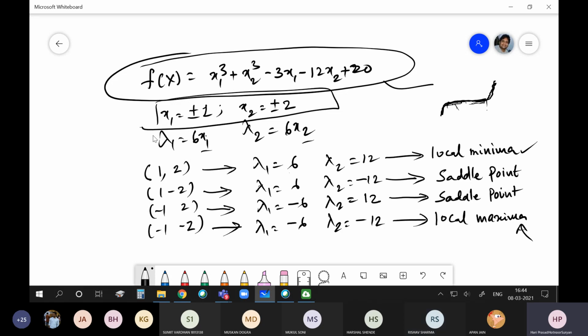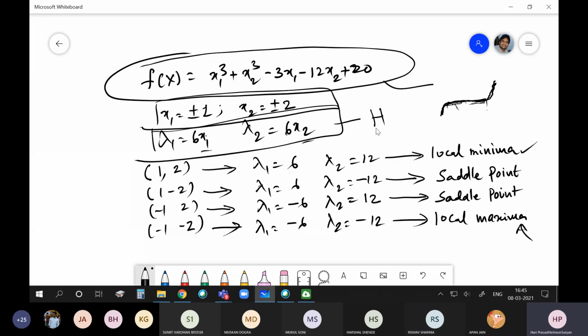Then we find out the nature of the Hessian matrix by finding out the eigenvalues of H. If all the eigenvalues are positive and independent of the decision variables, then we can say that it is a convex function and whatever minima you get will be the global minima.